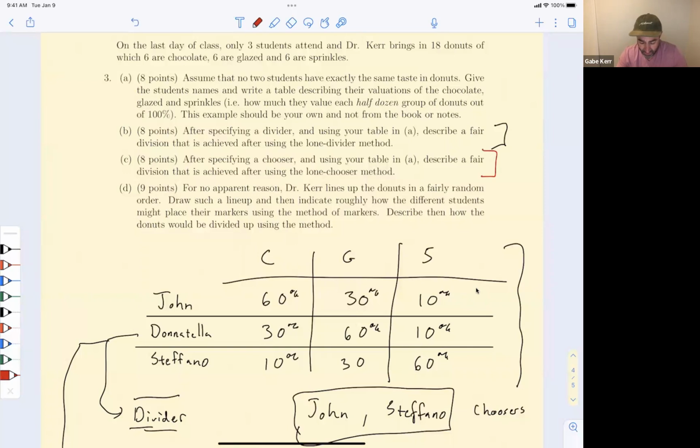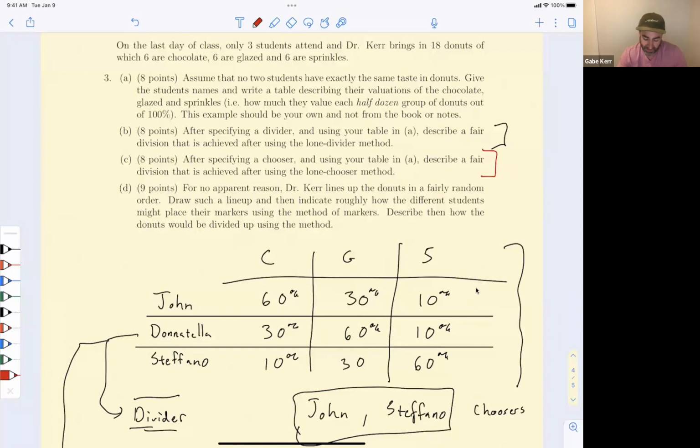They're very different sorts of methods. For the lone divider, that person's going to divide everything up into 3 bits at first, and then you have the two choosers go in and make bids.